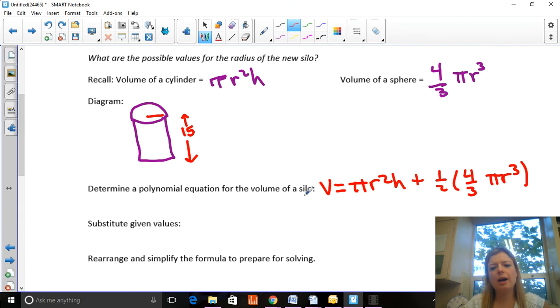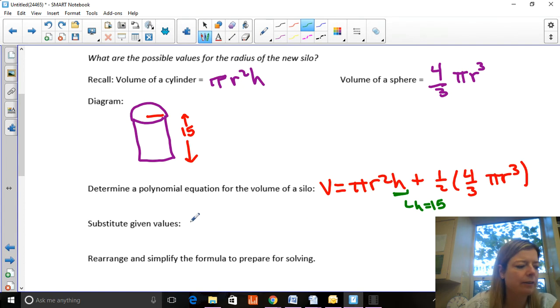We have two variables here, h and r. Normally you can't solve for those, but we know that h is 15, so we can sub that in. So then we get the volume.